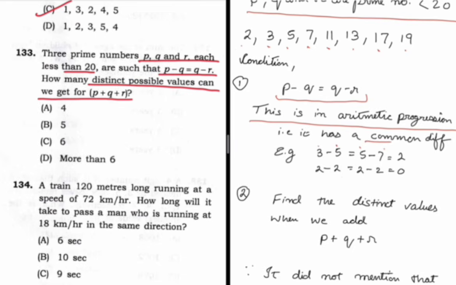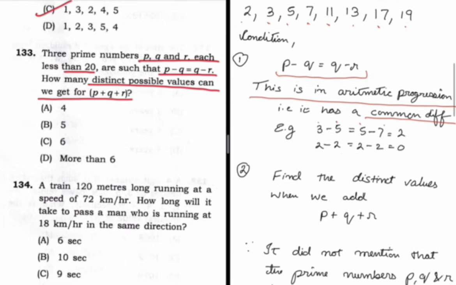Similarly, if we take the same prime number, like 2 minus 2 and also 2 minus 2, this will be P and Q, and this is Q and R, we will get the same difference, that is 0. So that is the first condition.